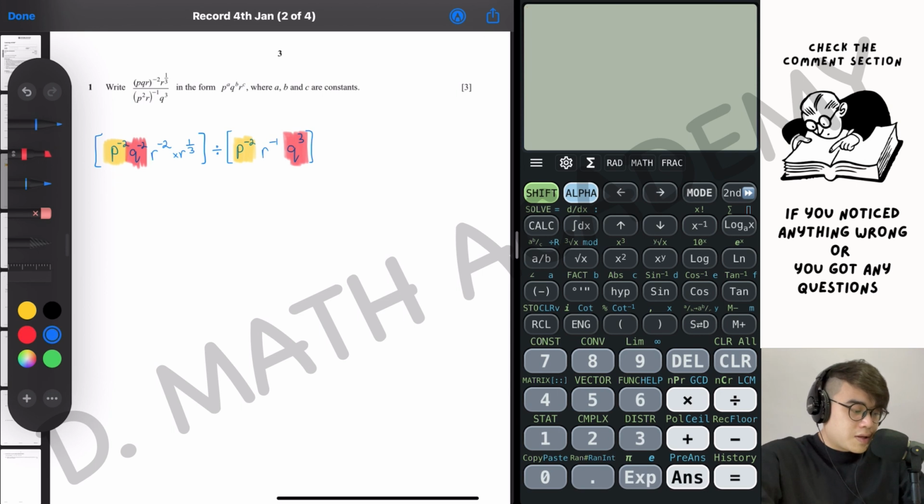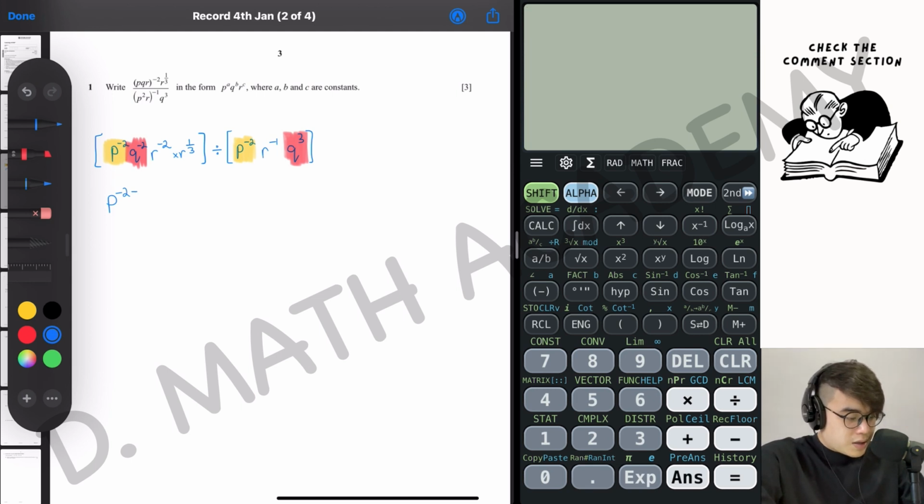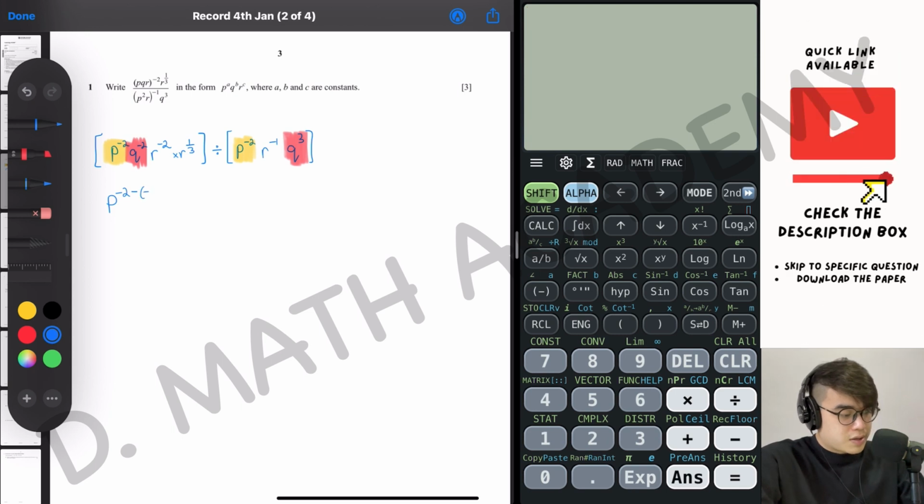So P^-2 minus, because divide in indices represents minus, our -2 at the back, followed by Q, -2 minus 3, and lastly our R. Because it has a multiply there, it means that we add 1/3, then minus -1.